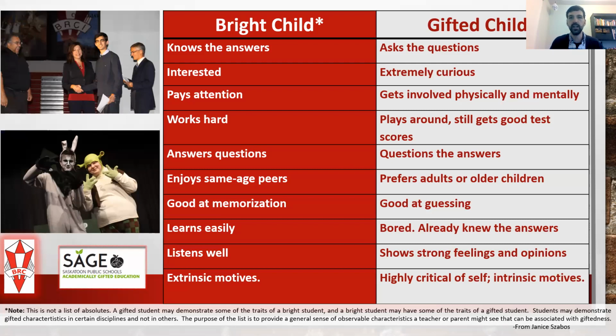It's better to think of it along a spectrum, or to think of it in terms of students or individuals who may have differing abilities across differing subject areas. And so while the gifted child may lean more towards those items under the gifted column, just because you have a series of items under bright doesn't mean you aren't gifted, and vice versa.